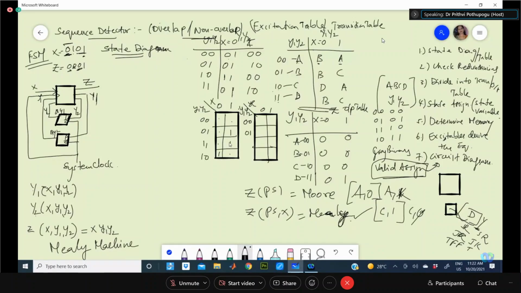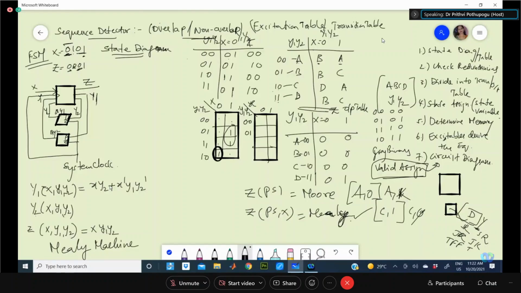So for the y1 equation, after minimization or after subcubing, what you get is x y2 or x dash y1 y2 dash. Any possibility of further minimization is there, you can take up.